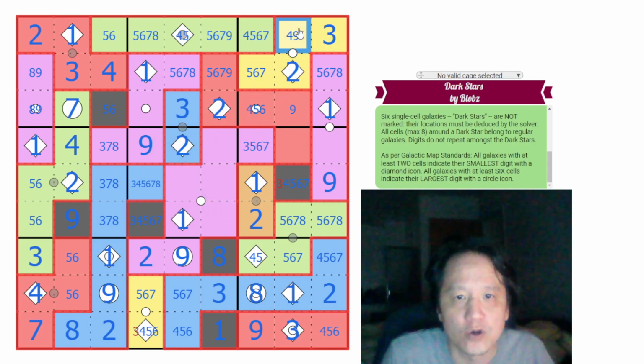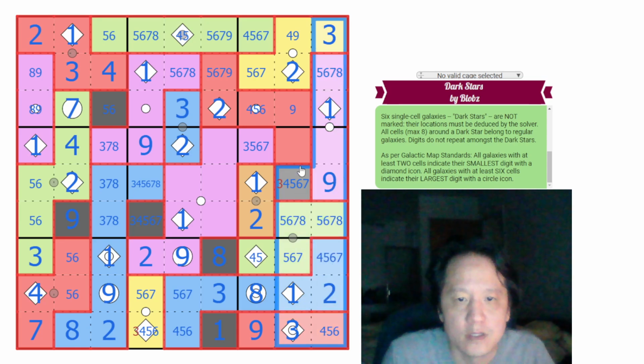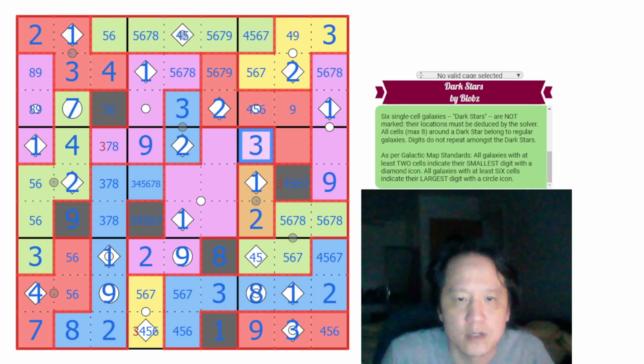So this is 4 or 9, which is fine. We have 3, 3, so this has to be the 3, which means this can't be 3, which means the 3 has to be here, so that can't be 3. 3 can't be here, so this has to be the 3, which means that's 3. This can't be 3, that can't be 3.